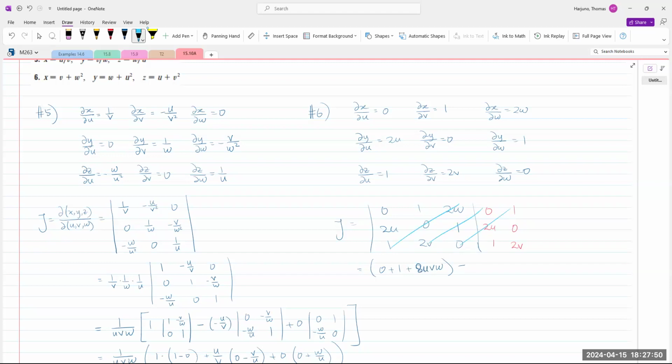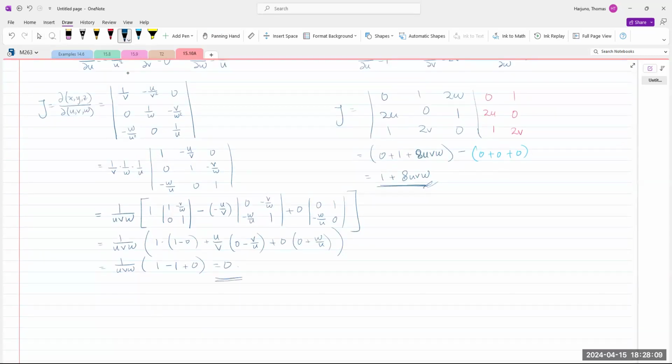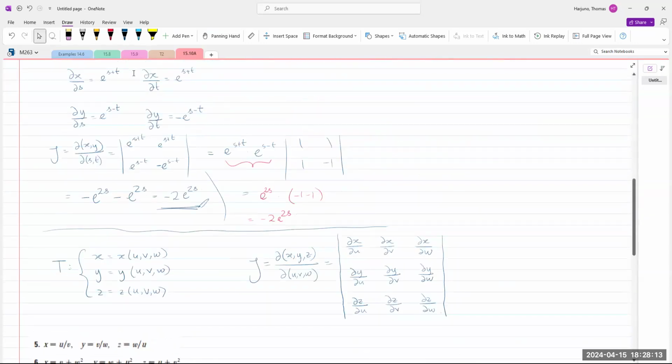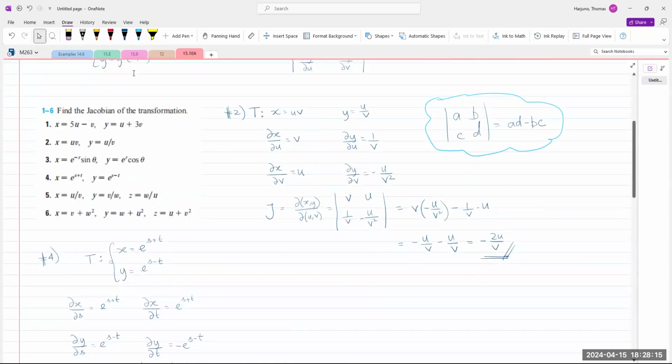That's 0, 0, 0, so 0 plus 0 plus 0. So this is equal to 1 plus 8uφw. Okay. So for numbers 1 to 6, basically we learn to compute the Jacobian.